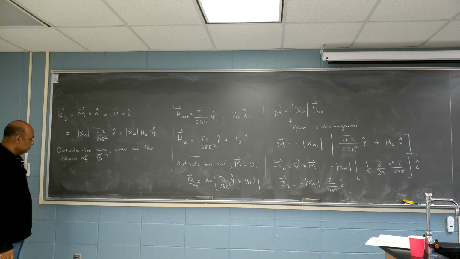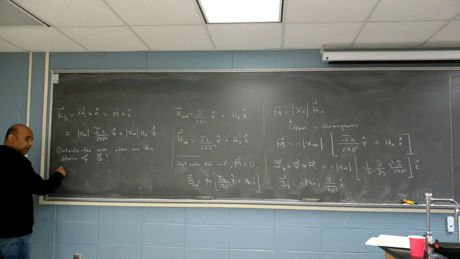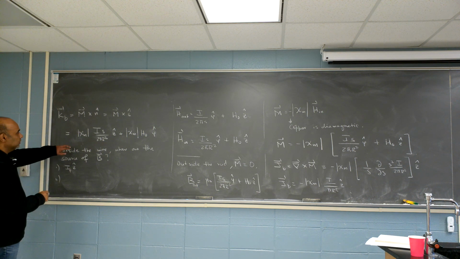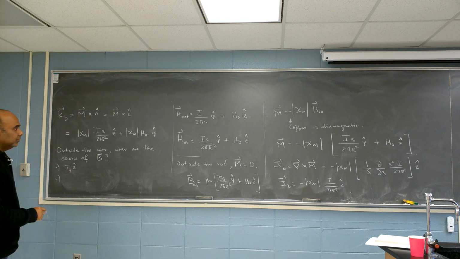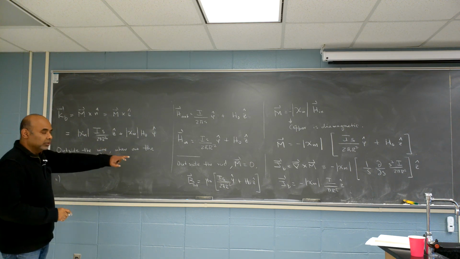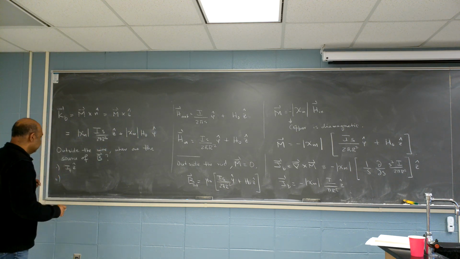There are three sources. We'll have I times z hat, the free I. Then there is J and K along the z hat direction.